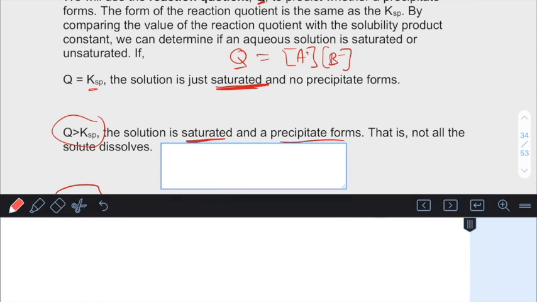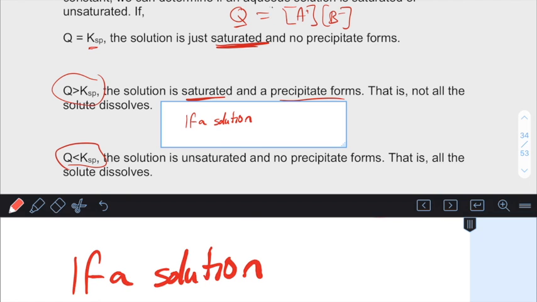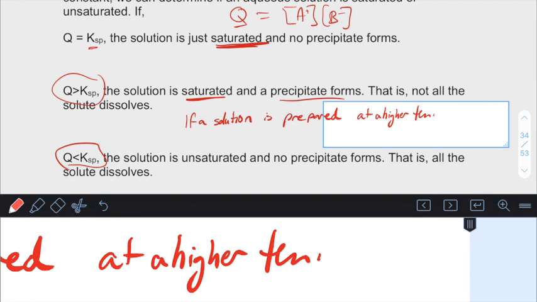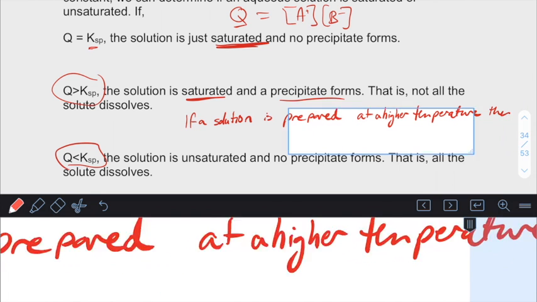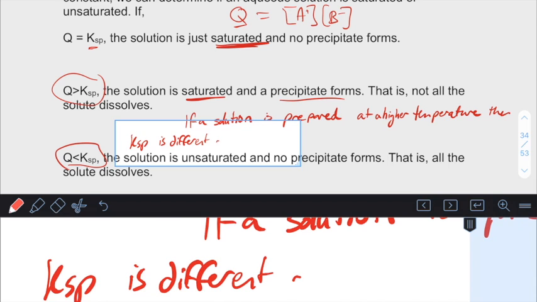Now there is one example here where you can do some trickery. If a solution is prepared at a higher temperature, then KSP is different at that temperature.